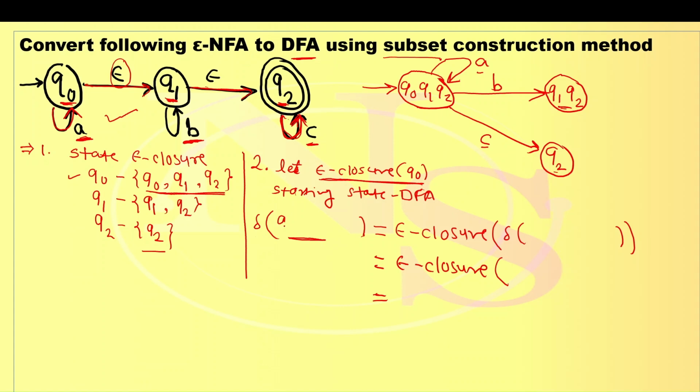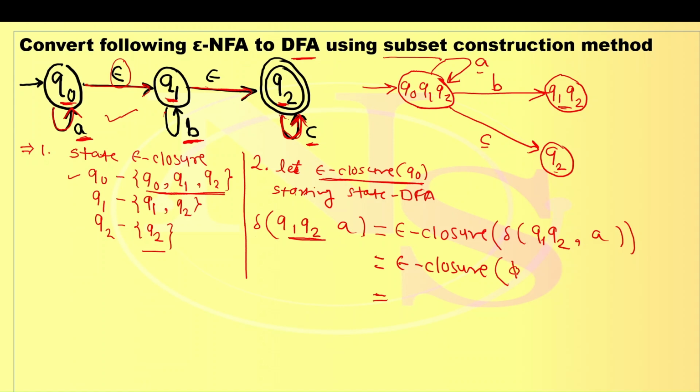So epsilon closure of delta Q1, Q2 on reading A. Q1, Q2 reading A. From Q1 there is no transition for A, neither from Q2. So there is no transition for A from Q1, Q2. It means it's going nowhere.